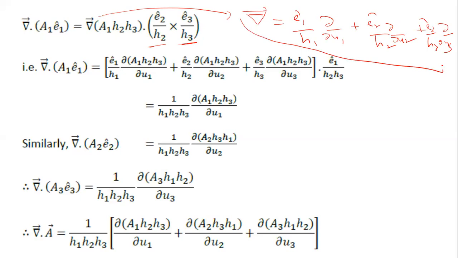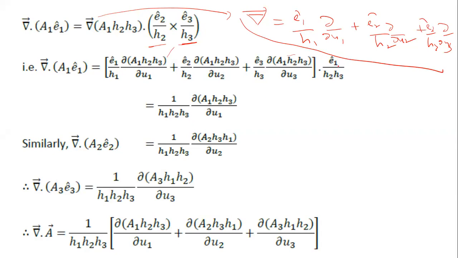So if you follow the del operator that we discussed, h1, h2, h3 are scalars, so you have to put in all these terms. Okay, e2 cross e3 is e1, so e1 upon h2 h3.